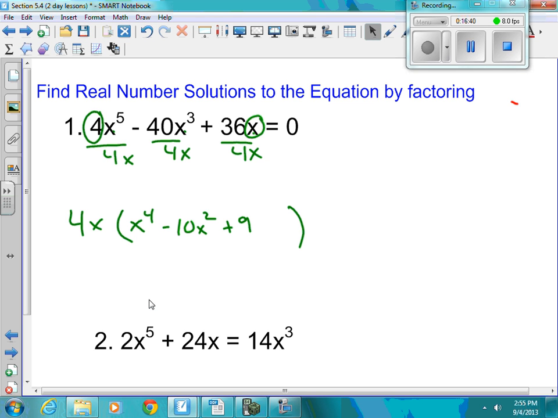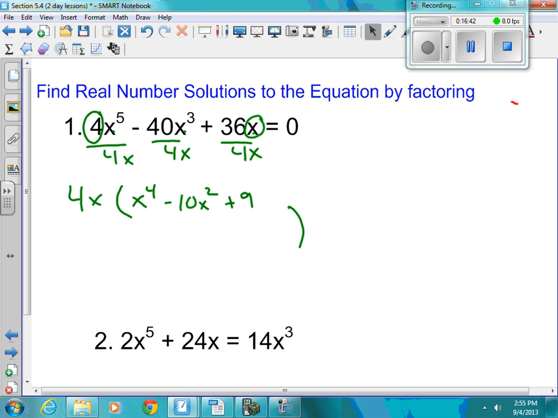So can I factor further? Can I factor x to the fourth minus 10x squared plus 9? Can I do that with difference of squares? Nope, that's not difference of squares. But we might be able to use bottoms up. It's a trinomial. So my a times c is 1 times 9, which is 9. My b value is negative 10. What multiplies to make positive 9 and adds to make negative 10? I'll give you a chance to think about it. Pause it, and then press play when you're ready.